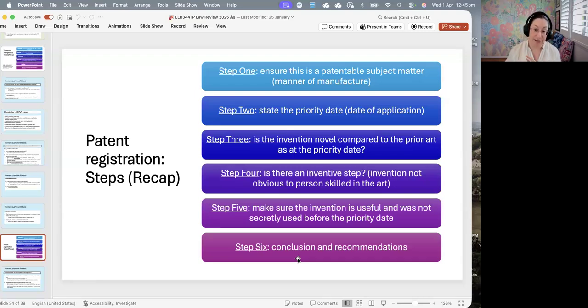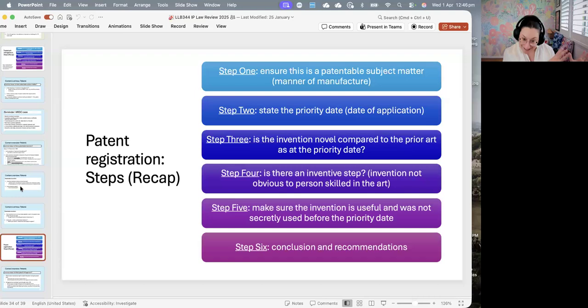And it must involve an inventive step, so it must not be obvious to somebody working in the relevant field. My invention must be useful, as in it actually works, and I must not have been using it secretly before the priority date, subject to the 12-month grace period. And if all of those are satisfied, then you have a patentable invention.